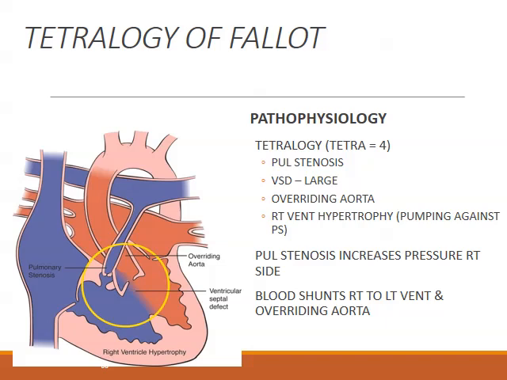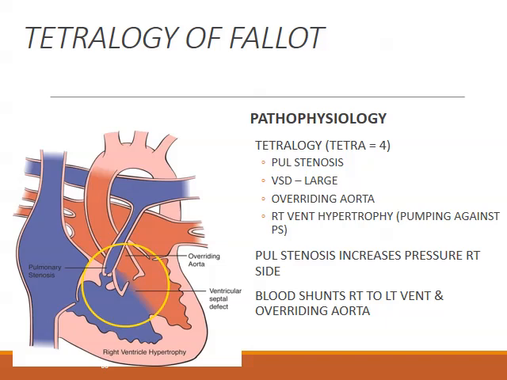So tetralogy, tetra means four. Four failed problems. So you have pulmonary stenosis, a large ventricular septal defect, an overriding aorta, and right ventricular hypertrophy.